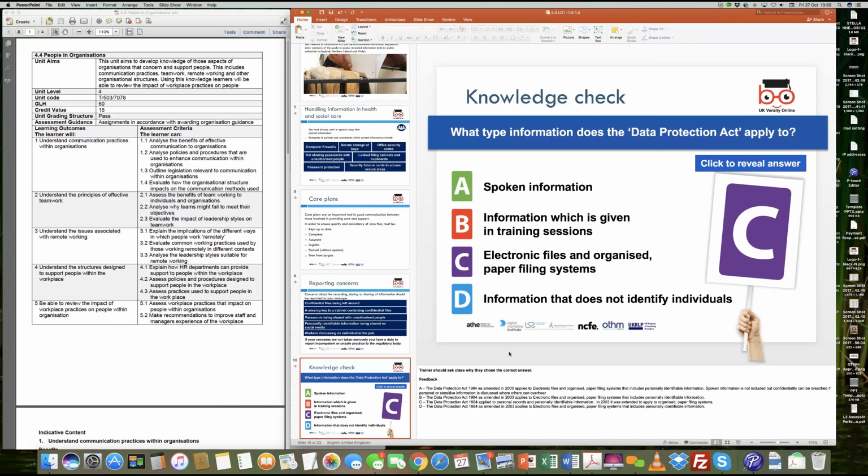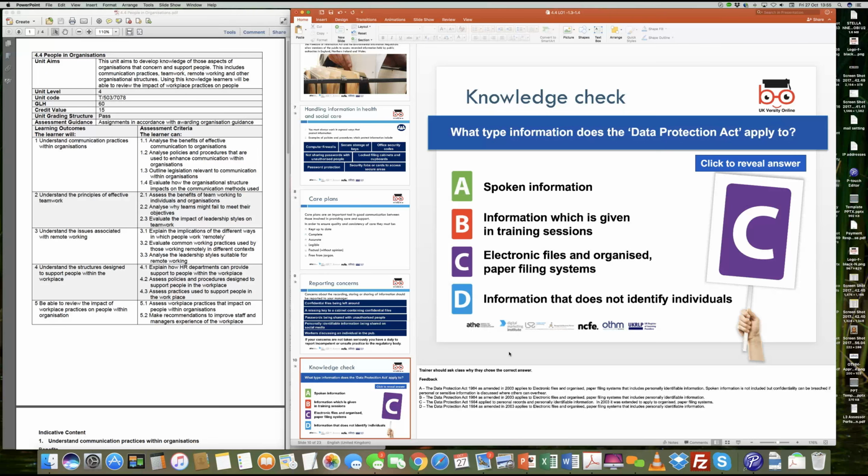But if you are discussing something about a person with somebody who is not concerned or related to the medication or the treatment of that particular patient, then even spoken information would mean that you're not complying with the Data Protection Act. Yeah, okay.